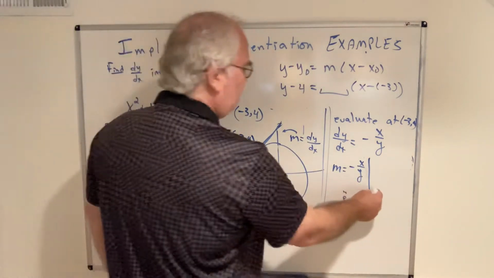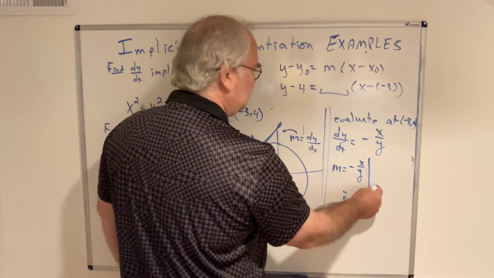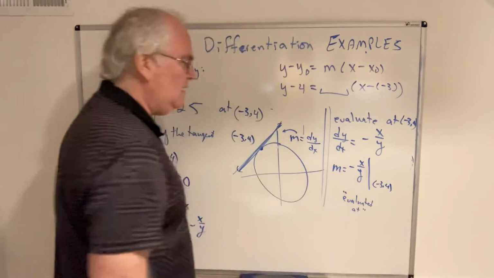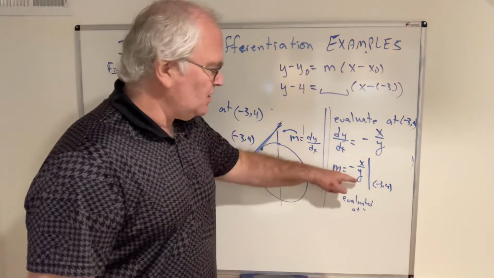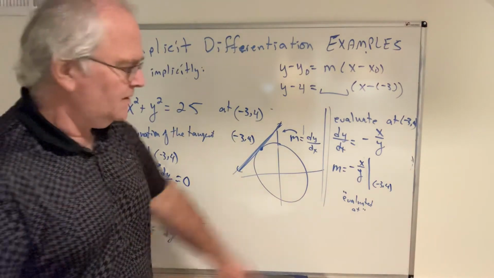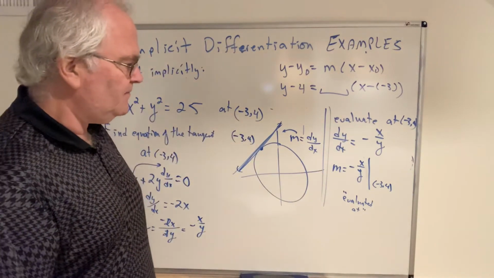And then down near the bottom of the expression, you write negative 3, comma 4. So the slope is negative x over y evaluated at negative 3, comma 4. This is the given point we were working with.